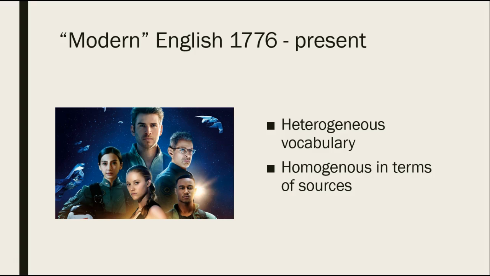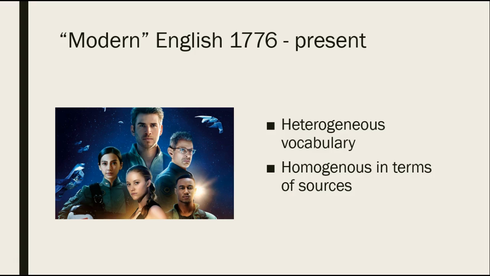So our vocabulary is very heterogeneous in terms of sources, but those sources largely all come from within the Indo-European language family. So it's still at the same time somewhat homogeneous, in that only 2% of our words come from those other 599 language families.